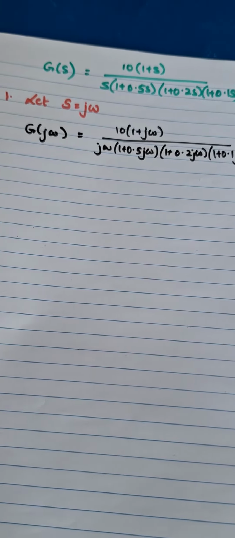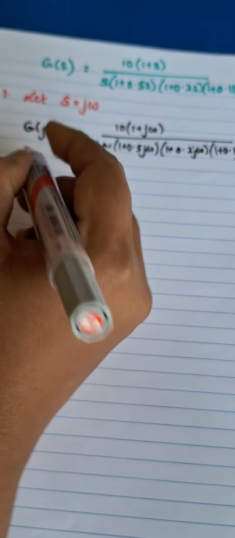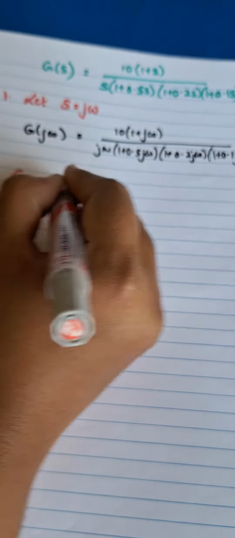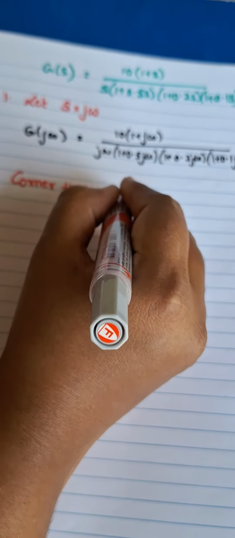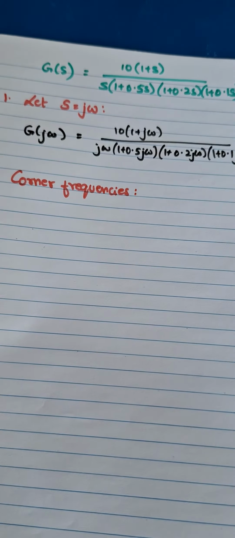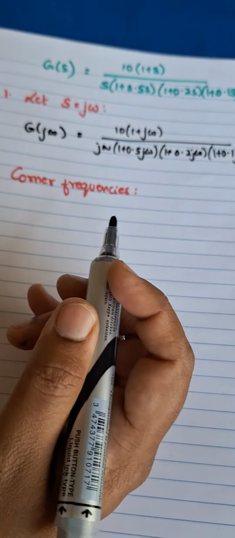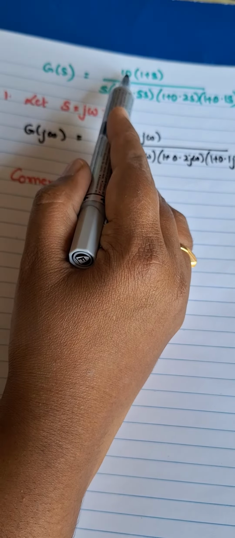magnitude plot. So our second step is to find the corner frequencies. For the magnitude plot, first we need the corner frequencies. So first let s equal j omega. Now what are our corner frequencies? Corner frequencies means we should see what terms we have, right? First, 10 is a constant.